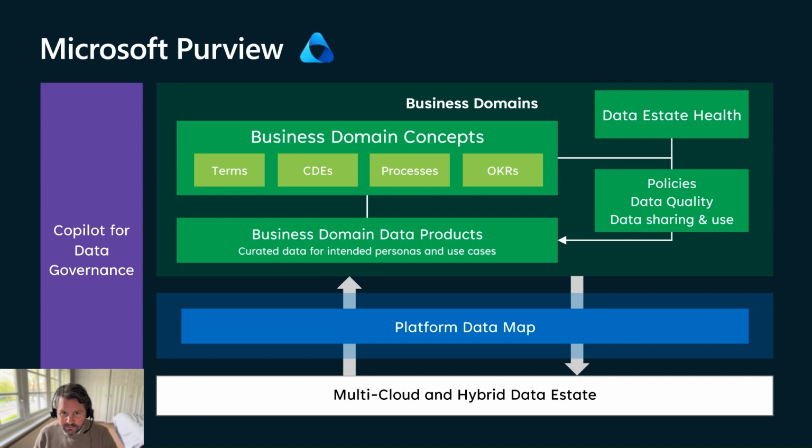There you see business domains. We can establish, which you will see also in the demo, business domains, and then within we have a couple of core concepts. So there are business terms, critical data elements. That's a logical entity, and that, for instance, you can link to physical data assets you scan in the bottom. We can set up processes and workflows, but also those objective key results.